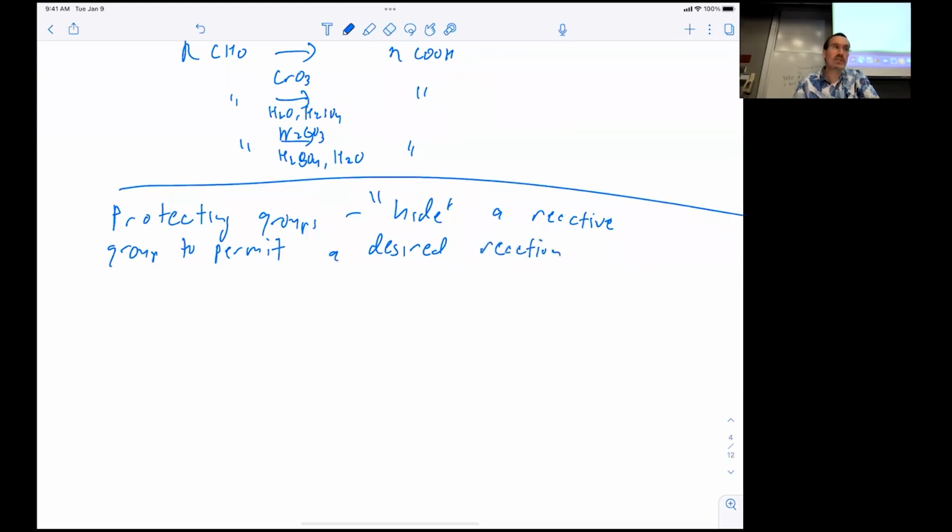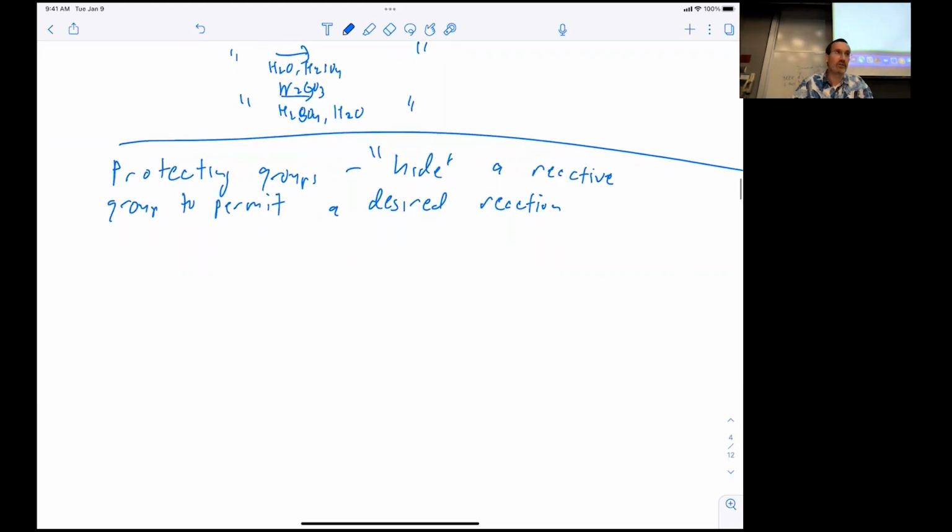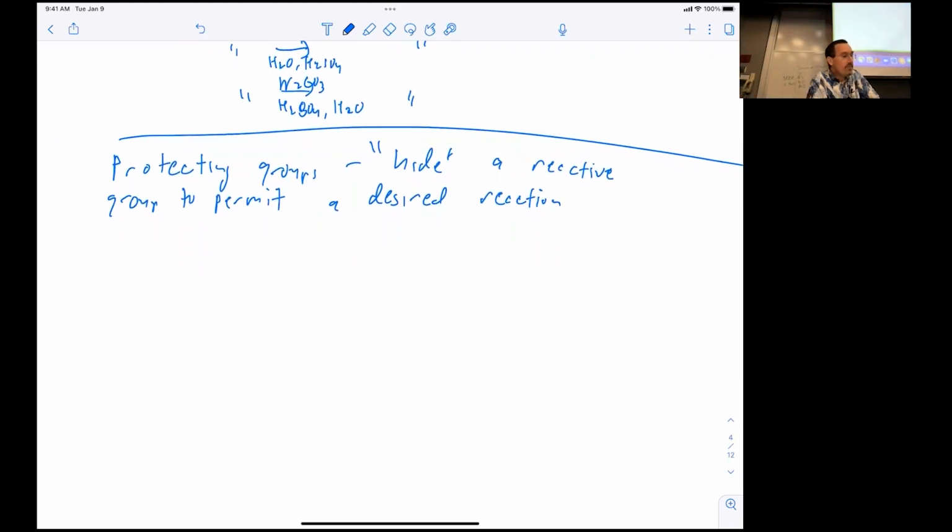And I think your textbook wants to start you with a limited menu, which is good because I have a book that's 800 pages thick titled Protecting Groups in Organic Synthesis. And so there's a whole big area, but the textbook wants to give you just a little flavor of this. So let me show you a conundrum.